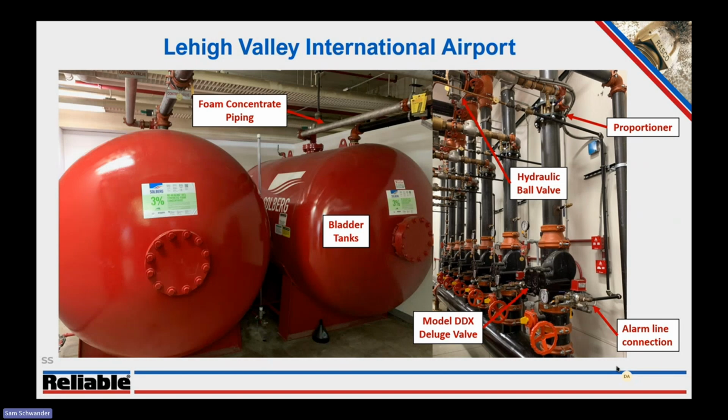So then the photo of the bladder tank or bladder tanks on the left, we can see where our foam concentrate piping comes out from the flange. That's going to make its way to that hydraulic ball valve. So when this valve opens, that water supply pressure is going to make its way through that alarm line, open up the hydraulic ball valve, and then allow the foam concentrate to be introduced into that proportioner, which we can see at the top right of the photo on the right.